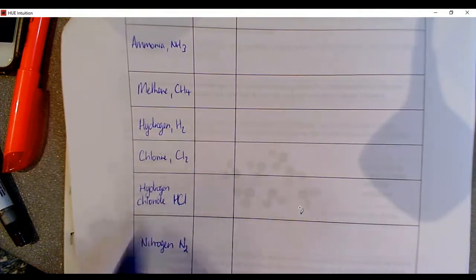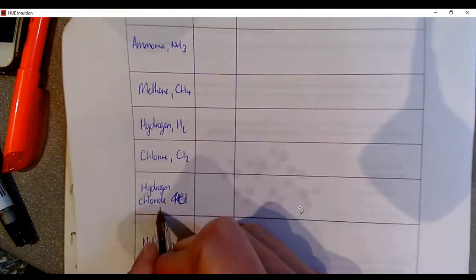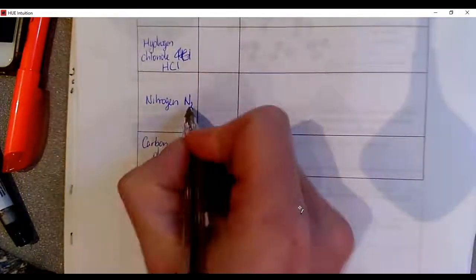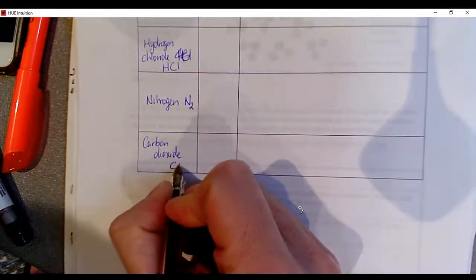They were in the first video on Tuesday. Hydrogen chloride, HCl. Nitrogen, N2. And one that wasn't in the video at all, but we need to know, is carbon dioxide, CO2.